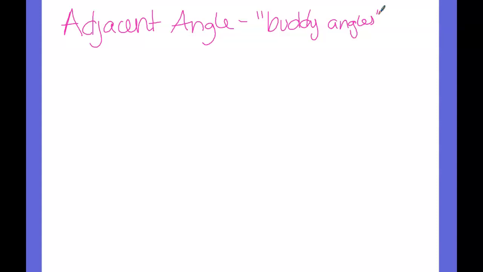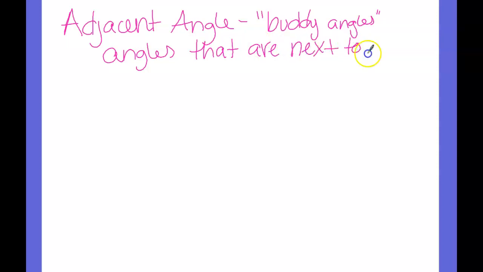Okay? So if we have a definition, we're going to write angles that are next to each other. So we'll refer to adjacent angles as buddy angles because you always want to sit right next to your buddy.